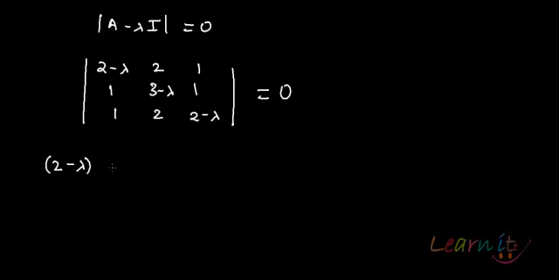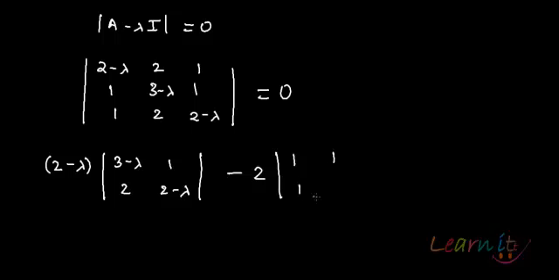So 2 minus lambda, I'm expanding it using the first row. So 2 minus lambda multiplied with the determinant 3 minus lambda, 1, 2, 2 minus lambda, minus 2 times the determinant 1, 1, 1, 2 minus lambda out here, plus 1 into the determinant 1, 3 minus lambda, 1, 2.